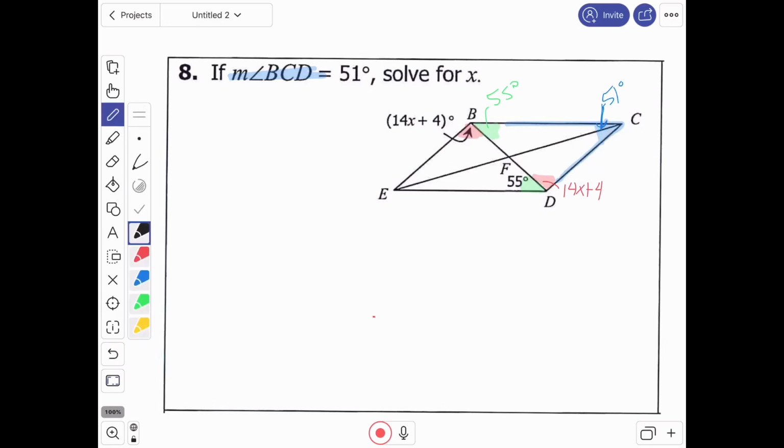So let's start with 14x plus 4 plus 55 plus 51 equals 180. Okay, combine 4 plus 55 plus 51, and you get 110.